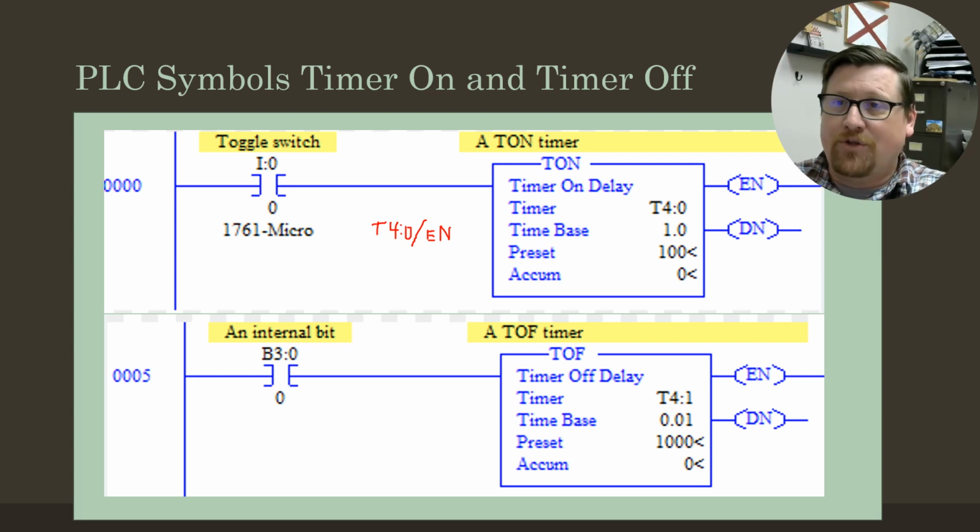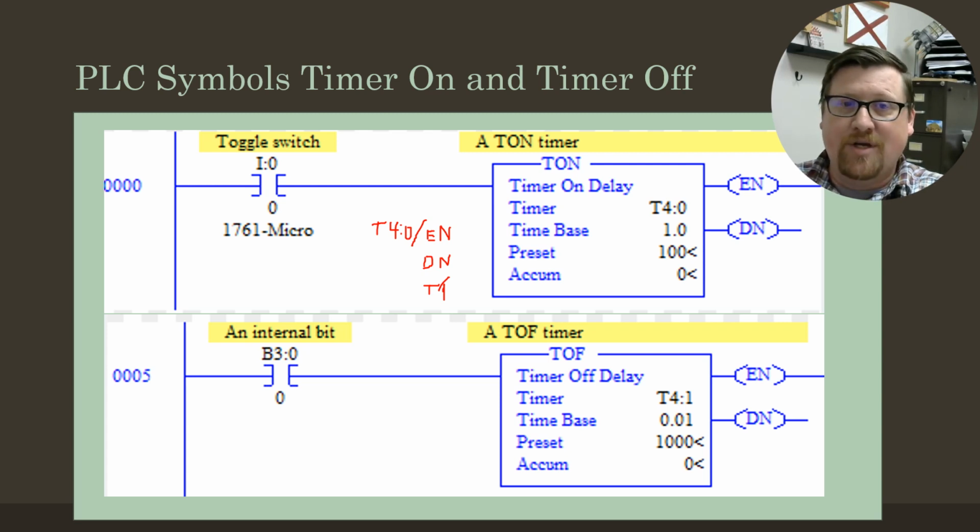And then the third bit that we can use, we've got the N. It could be T4:done, and the third one is TT, and TT stands for timer timing. So that's a very useful bit. When our timer is counting, we can have that bit active, and so we can use these to turn things on, right?